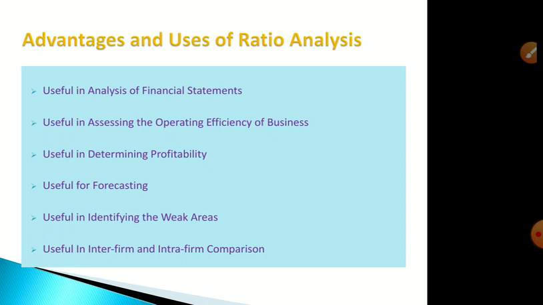On the other hand, intra-firm comparison means when the performance of different units of the same firm is compared. I hope you have understood the difference between inter-firm and intra-firm comparison.